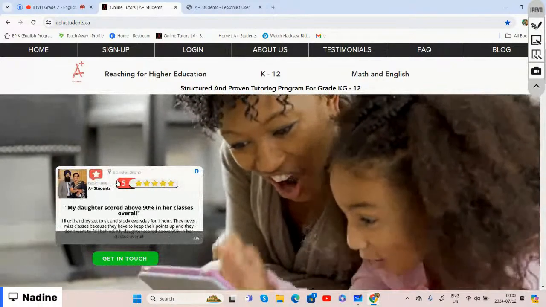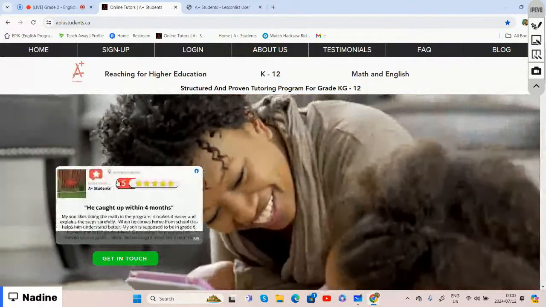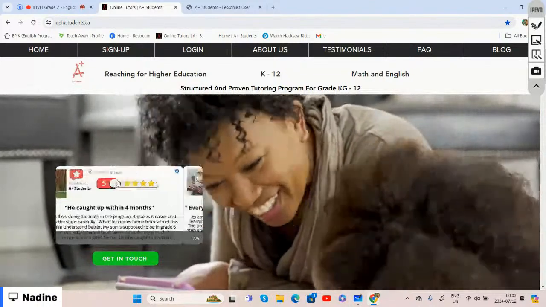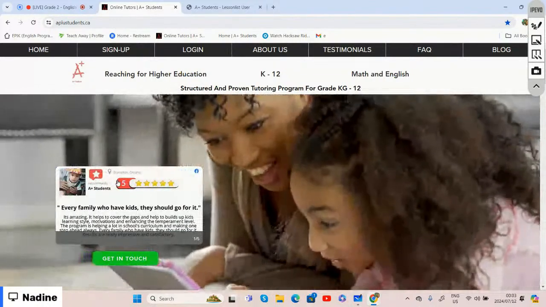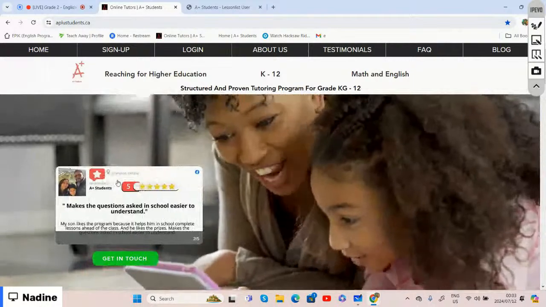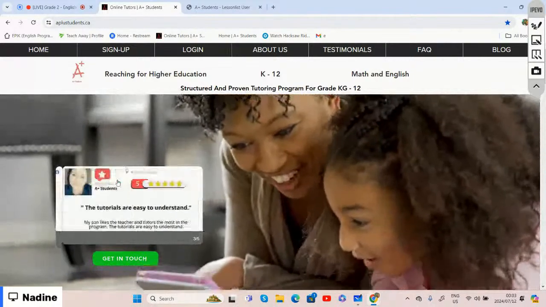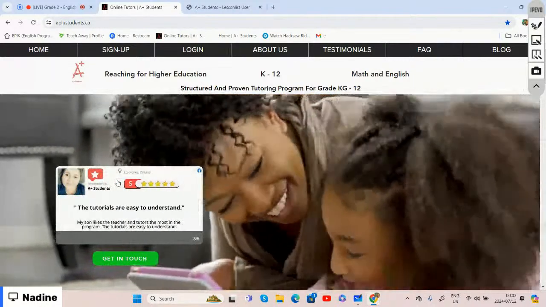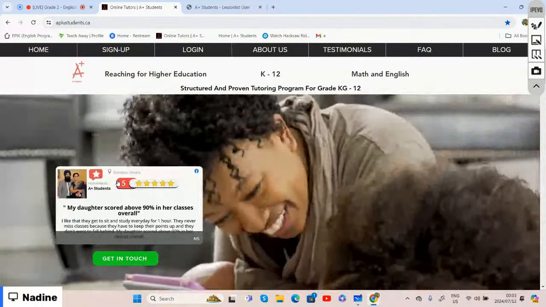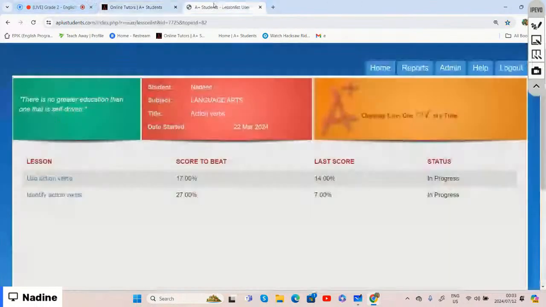grade 2, and then we're going to scroll down until we get to the chapter of action verbs.